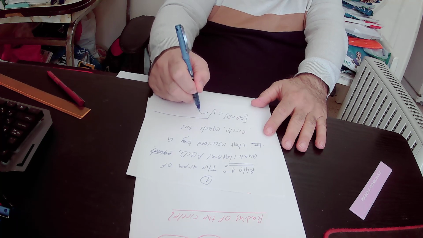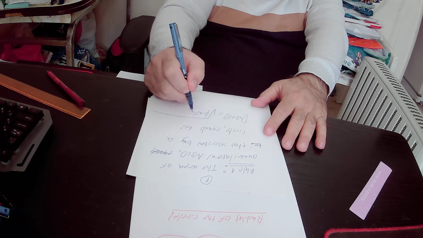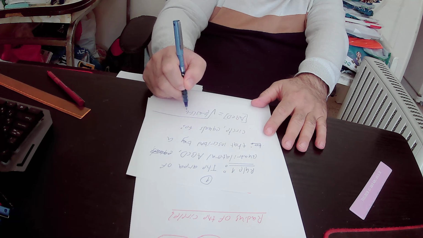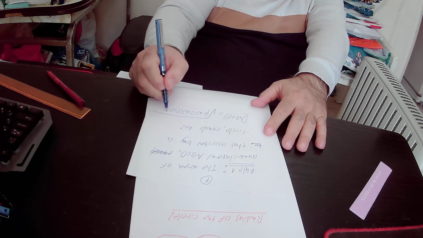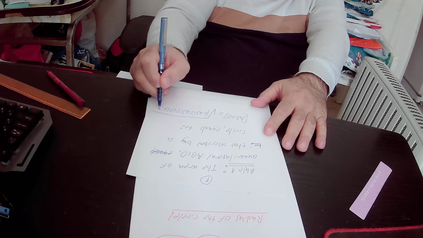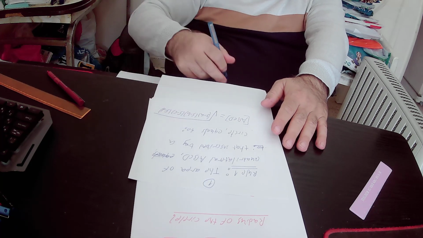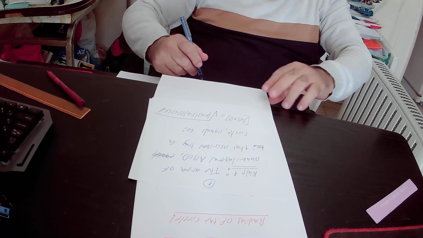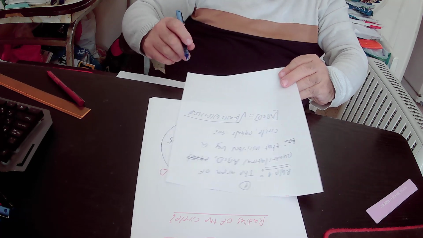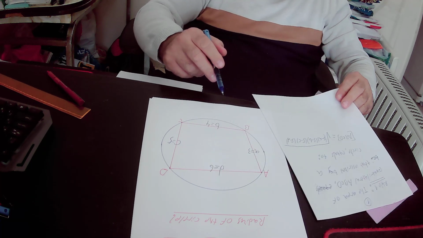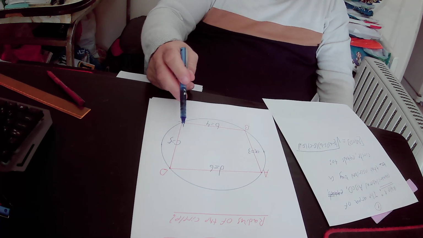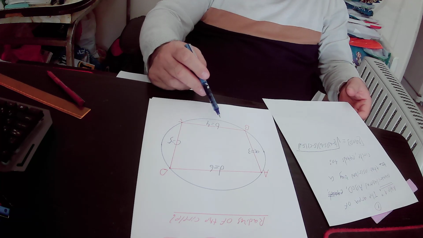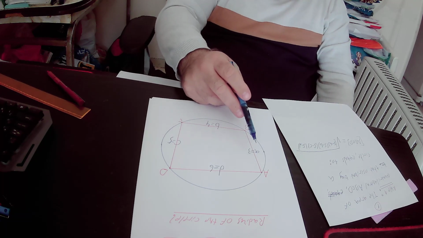S minus A times S minus B times S minus C times S minus D. So here, in this formula, A, B, C, and D are the lengths of quadrilateral ABCD's sides.